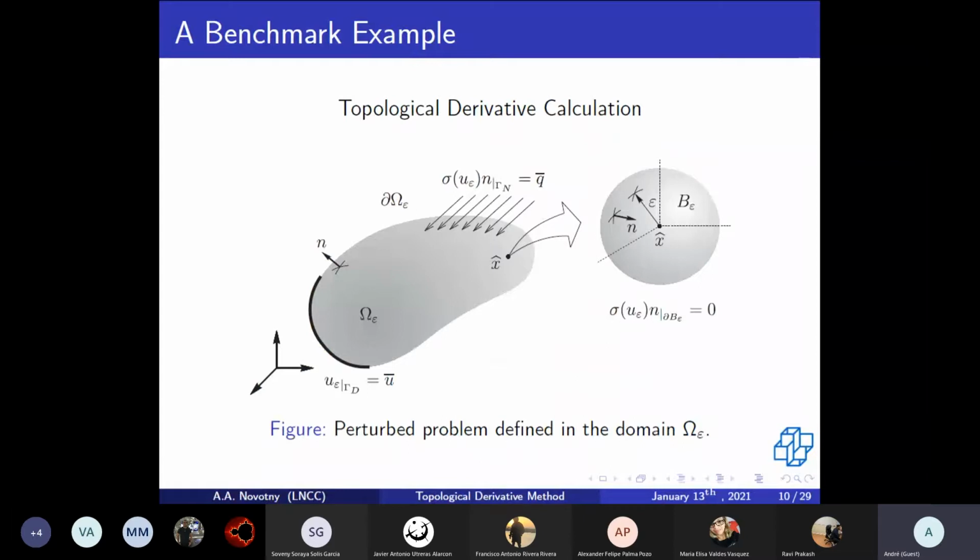Here, the hole is actually a small cavity inside the domain with center at x hat and radius epsilon. So it's like a cheese. We have a small cave inside the domain. So we understand that this perturbation is a void, so it induces a Neumann boundary condition on the cavity.